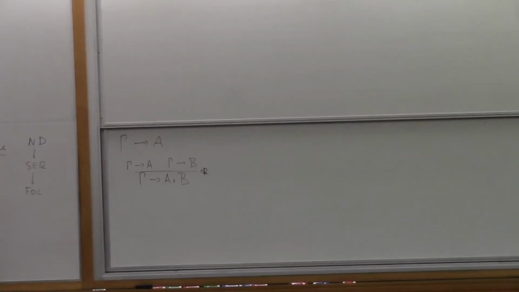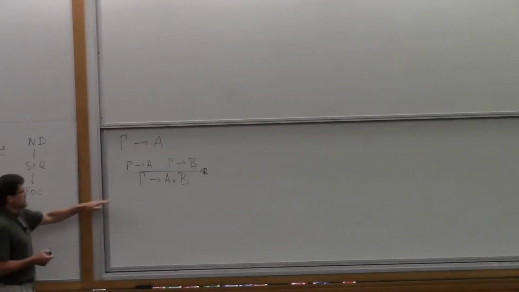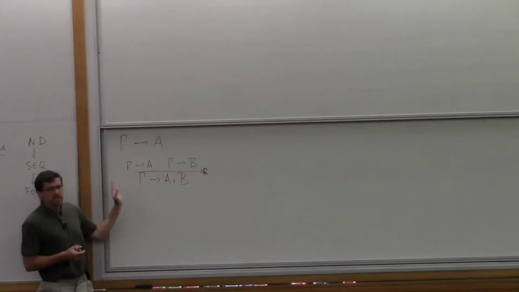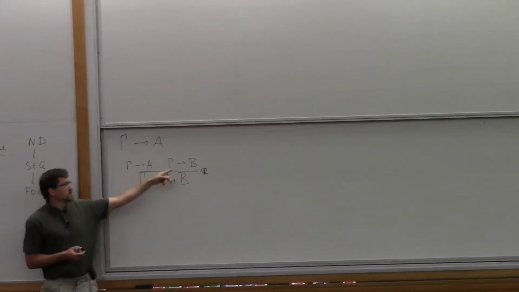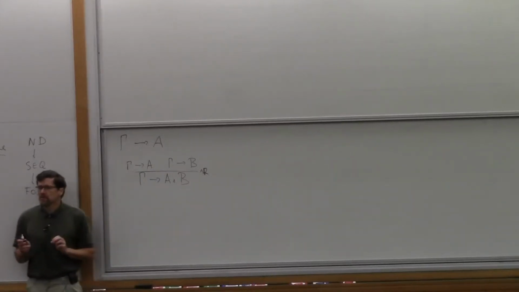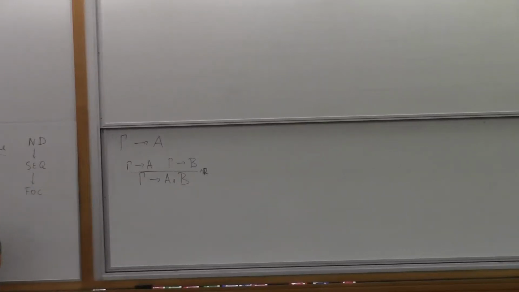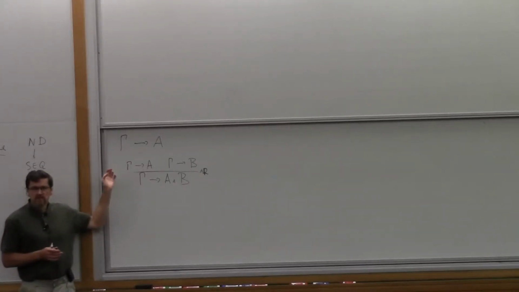So the idea is that whenever you're trying to prove this, don't even look at Γ. You can immediately decompose into two subgoals and solve them independently, and that's always okay. And why is that okay? This is not a formal proof, but an intuitive statement. The intuitive statement is that this rule is invertible or reversible.